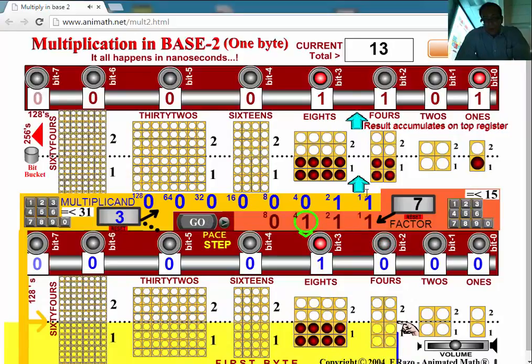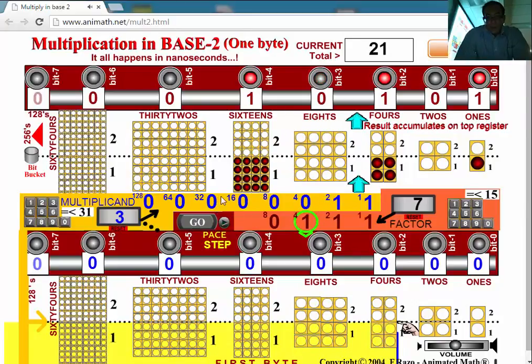So that was 1 times 4 is 4. And 4 times 2 is 8. We already carried, so that's 16. I think we're almost done. Oh, 0. 0 times anything is 0. Woo!